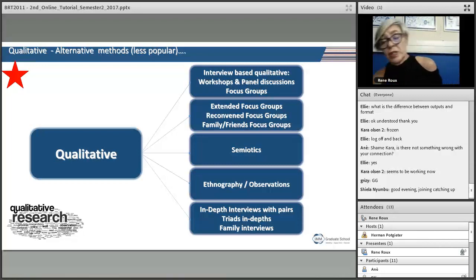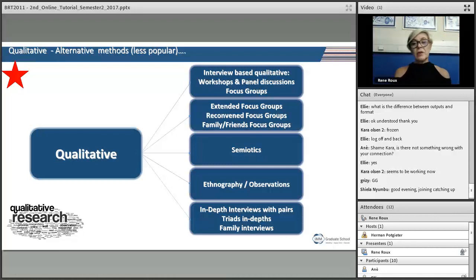And then there's observations. Observations is really where someone from a distance observes people's behavior, their facial expressions. But maybe when someone is in a shop, how do they shop? Do they look only at the top of the shelf?